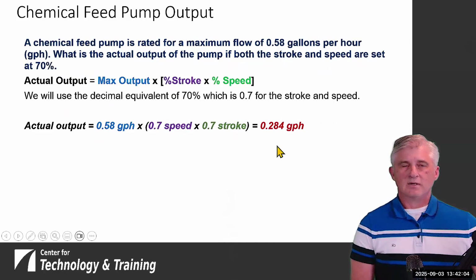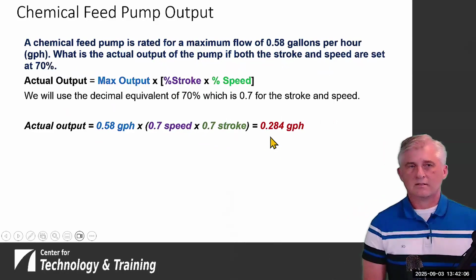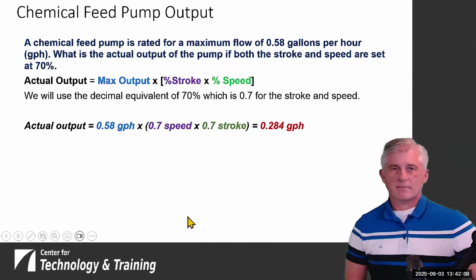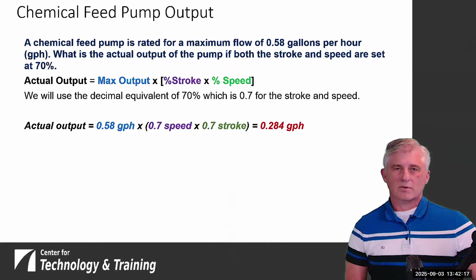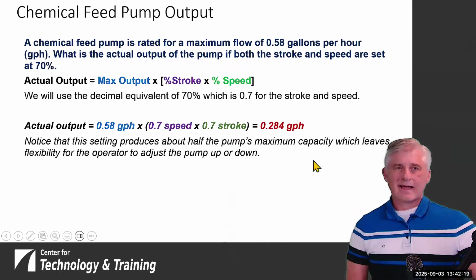These are flip-flopped, but you get the same result in this case. And so that's the actual output of a pump. This pump at 70% stroke and 70% speed is 0.284 gallons per hour. So it's a little less than half of what the pump's capacity is.